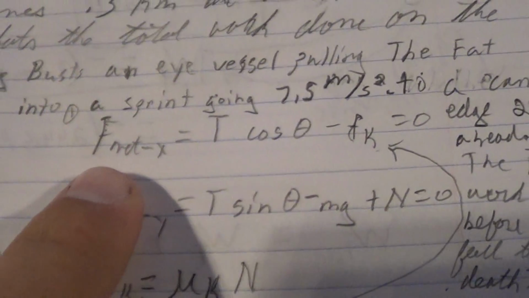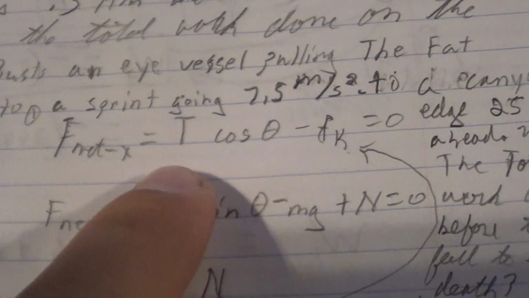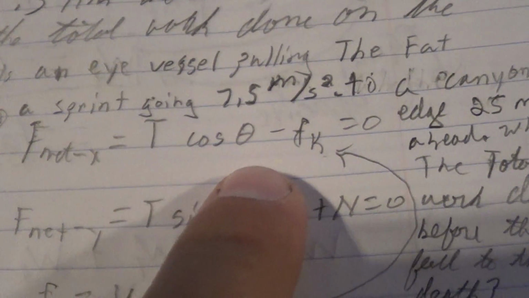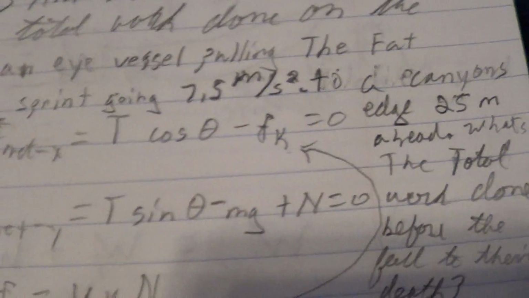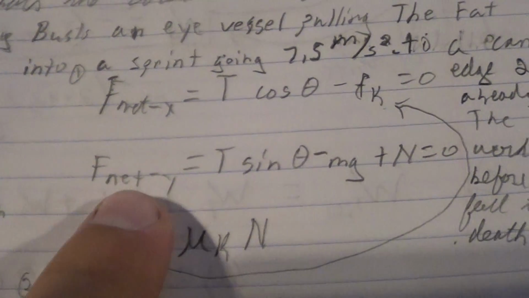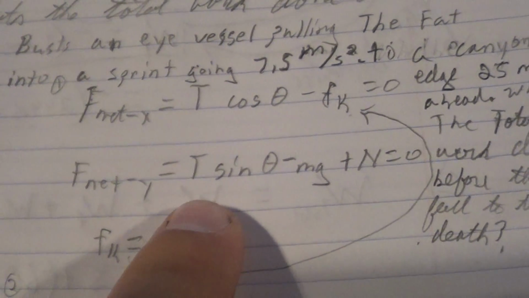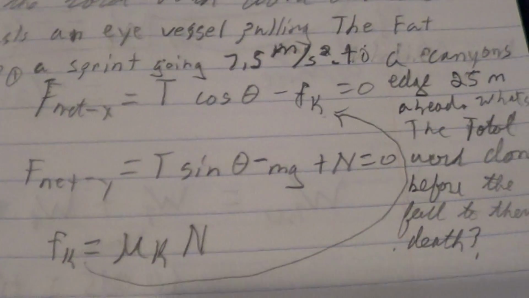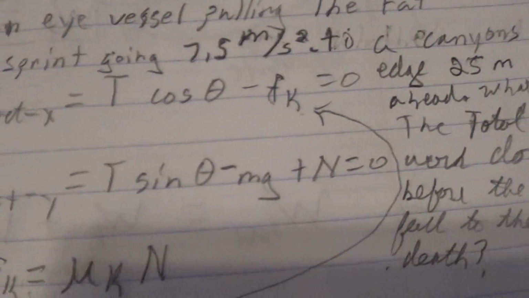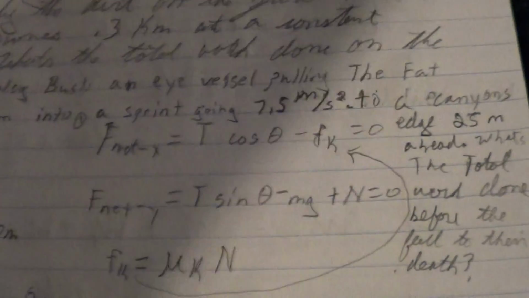So, we'll start off with the usual formulas: F net x equals T cosine theta minus the friction equals 0, and F net y equals T sine theta minus the mass times gravity plus the normal force.